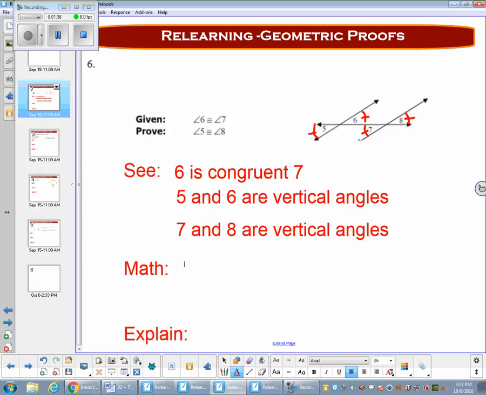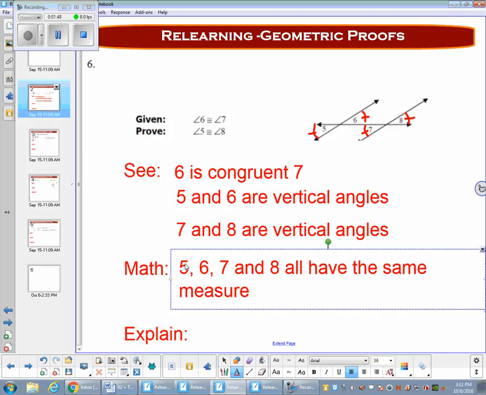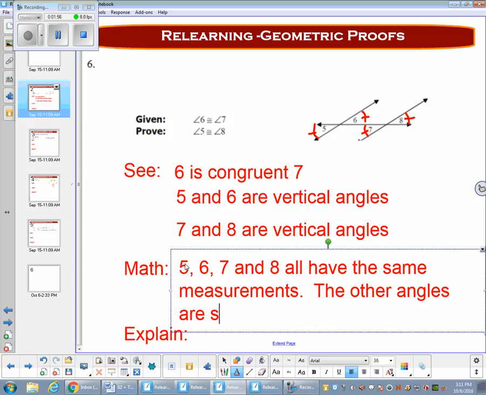So for math, I can say 5, 6, 7, and 8 all have the same measurements. I can also see the other angles are supplementary to these. Those are things that we can find out just by doing math.